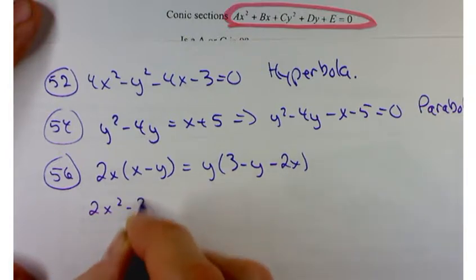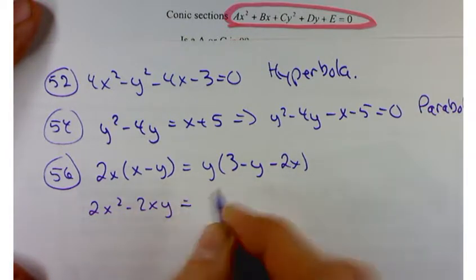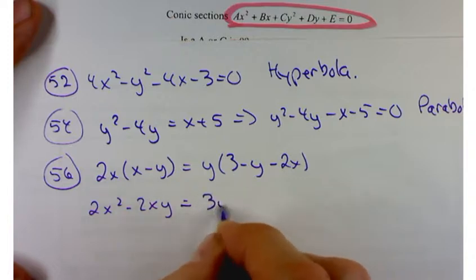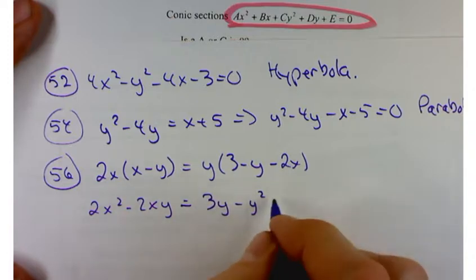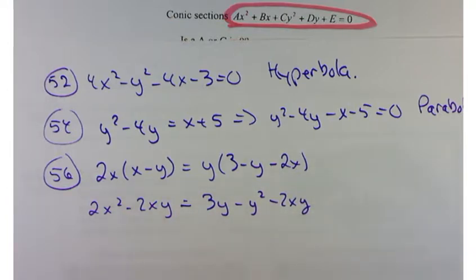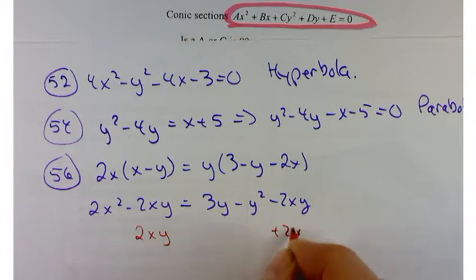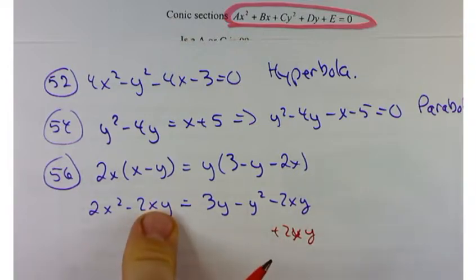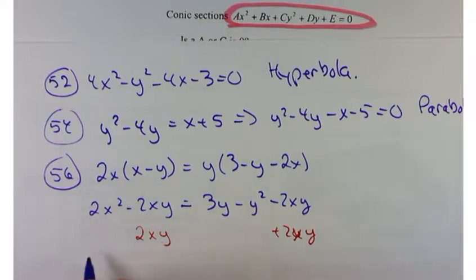So 2x squared minus 2xy equals 3y minus y squared minus 2xy. If I try and move everything to the left-hand side, let me note for you first that the 2xy term is eventually going to cancel itself out, which is good, because those are really a pain to deal with. So 2x squared equals 3y minus y squared.